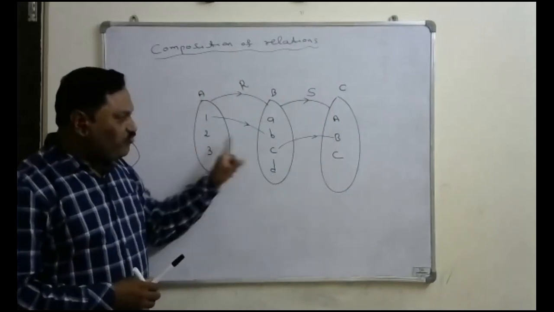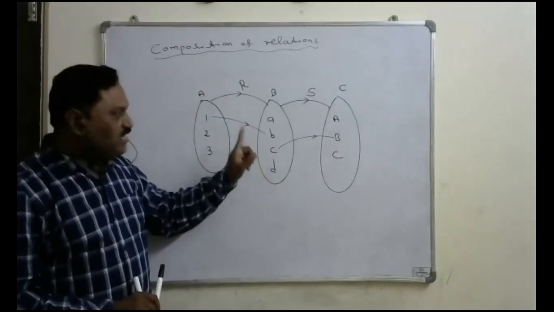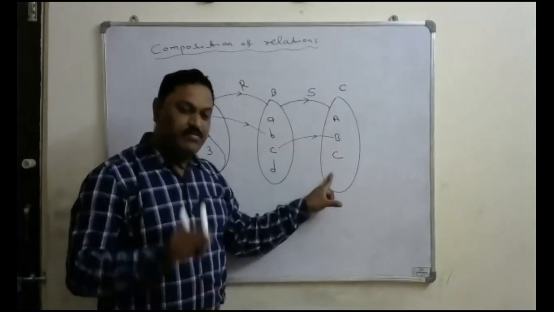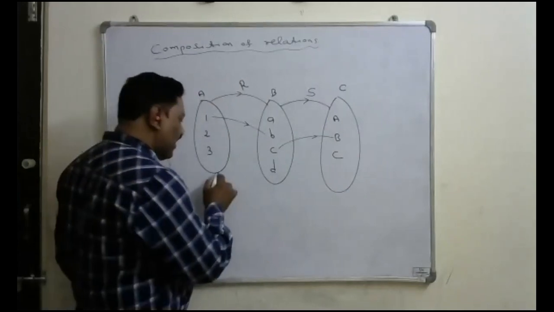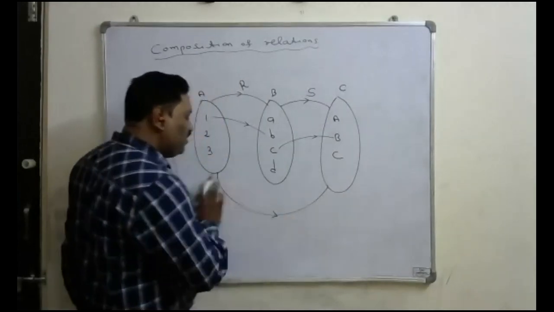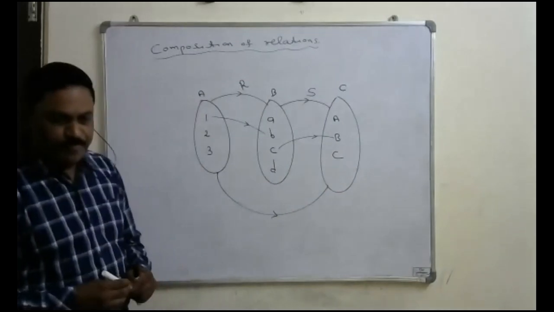So these two families have some relation, and these two families also have another relation. Then automatically a relation will get formed indirectly between the families A and C also.